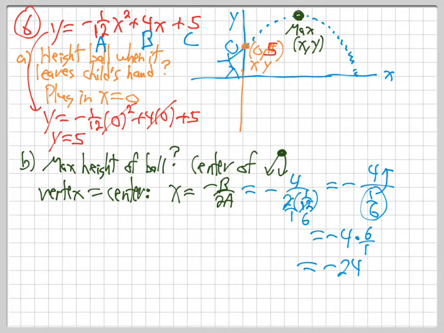So you flip up that 1/6 to be 6 over 1, and then you multiply. So it's negative 24 over 1, which is just negative 24. So negative 24, that's the x value. Oh, actually, it can't be negative.